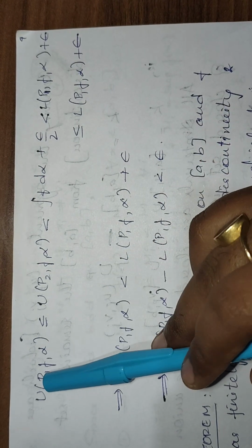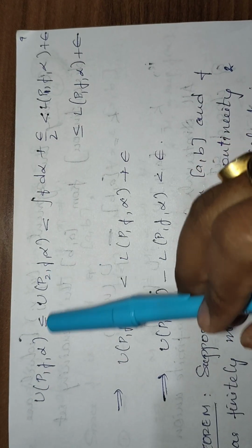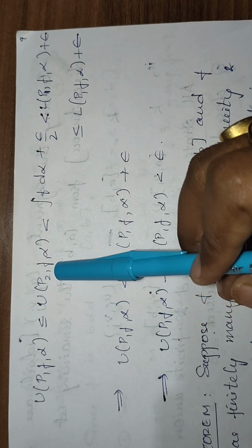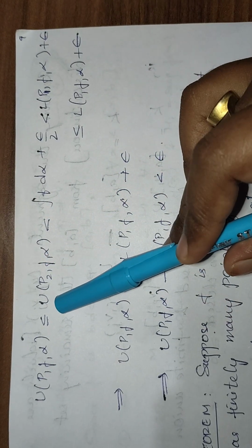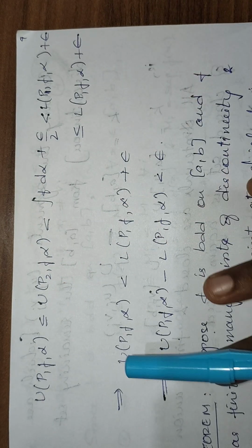See here, P is the refinement of P2. Okay. And therefore, U of P, f, alpha is less than or equal to U of P2, f, alpha.